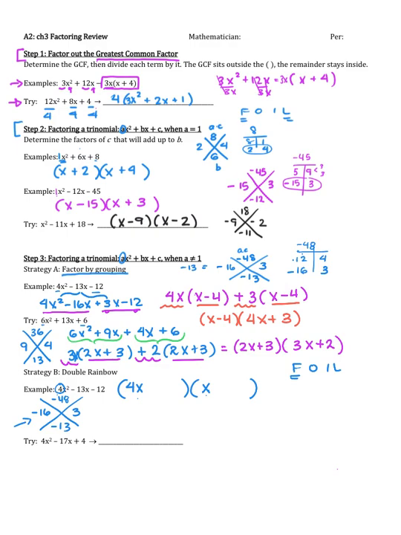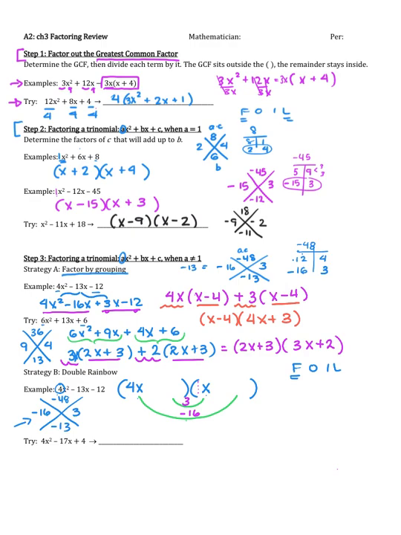Now here's where the little double rainbow comes in. When you do FOIL, the outer and the inner products are what combine to give you the middle term. So these side numbers, they're what goes on your double rainbow. So I'm going to put the negative 16 here because I know that 4 goes into it, and the 3 will go here because this is just like a 1.